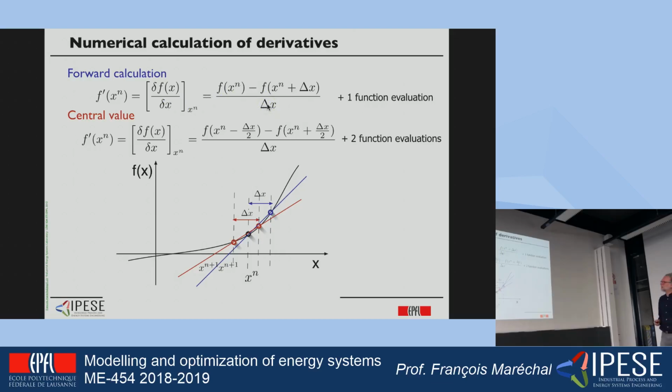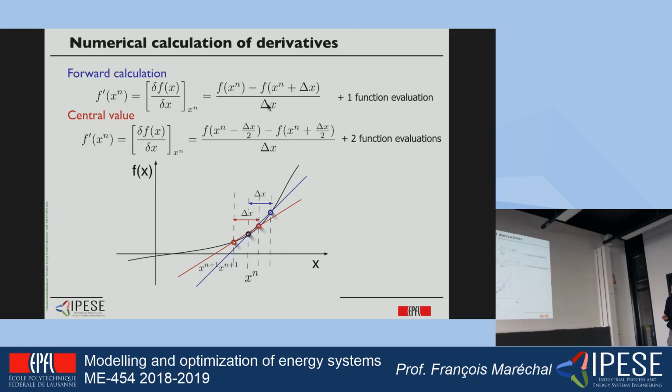Either I make a perturbation in only one direction: I'm at the function f of xn, and I make a perturbation to x. So I calculate the new function value at x plus delta x, and I declare that the derivative is the difference of the functions divided by the variation of x. So first, this is an approximation of the derivative.